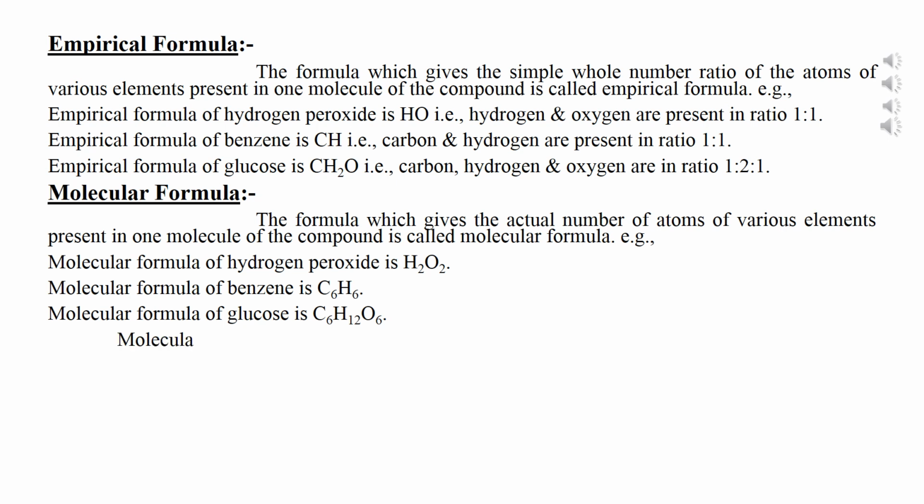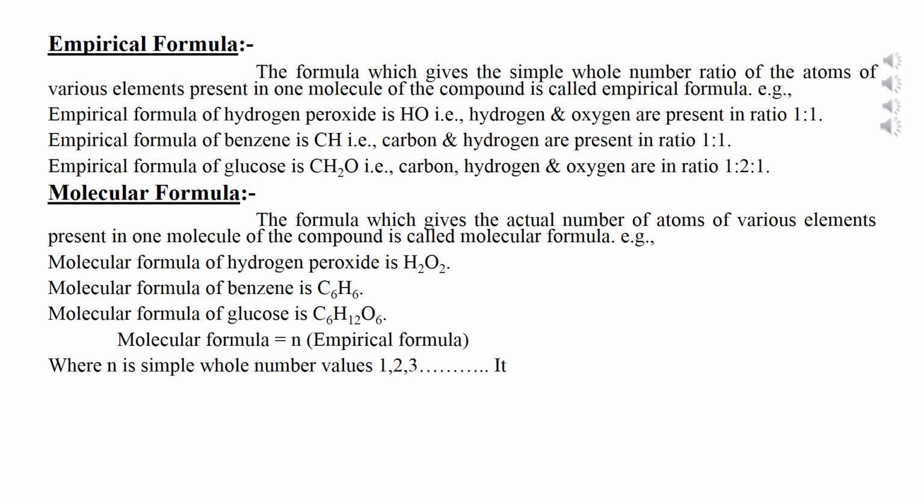The molecular formula is equal to small n into the empirical formula, where n is a simple whole number value: 1, 2, 3 and so on. It is equal to the ratio of molecular mass and empirical formula mass.